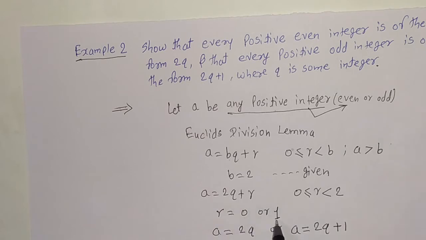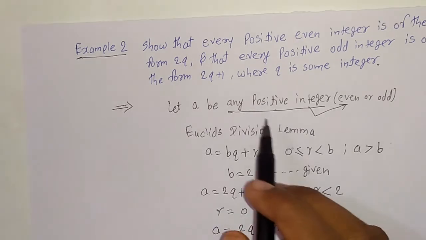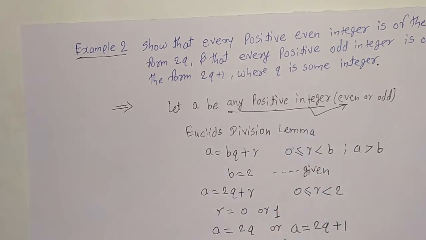If we put 1 in place of r, then the second number is a equal to 2q plus 1. So these are the two possible forms of any positive integer. So already we have got our answer, only thing is you have to write it in a detailed manner.